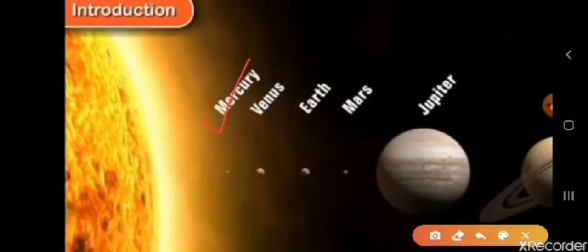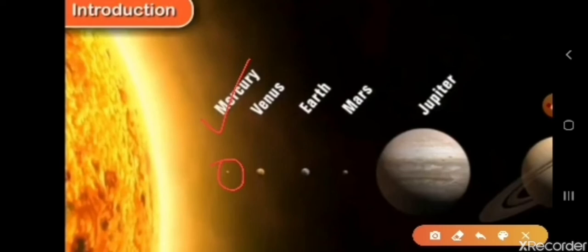As it is closest to the sun, it is extremely hot during the day and extremely cold during the night. So, children, this is Mercury. It is the smallest planet in the solar system. It is extremely hot during the day and extremely cold during the night.